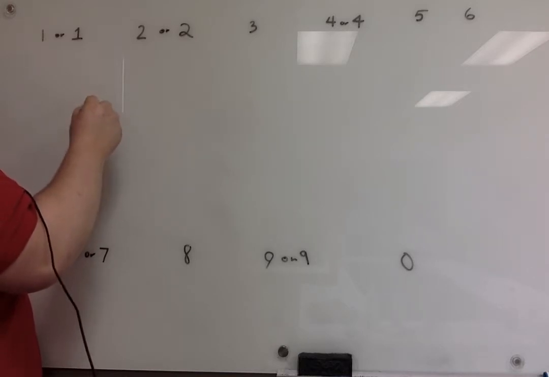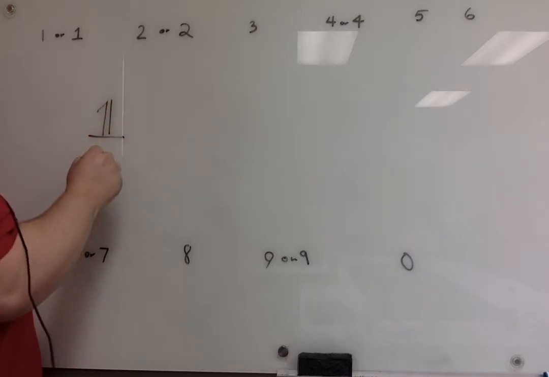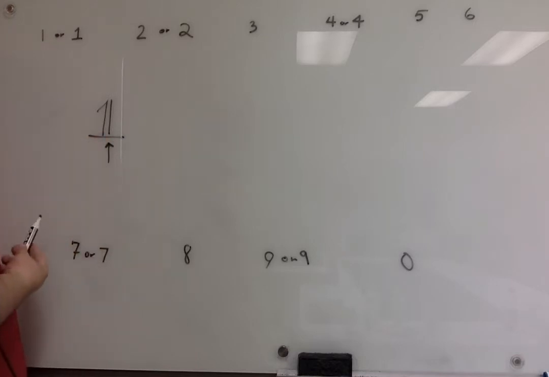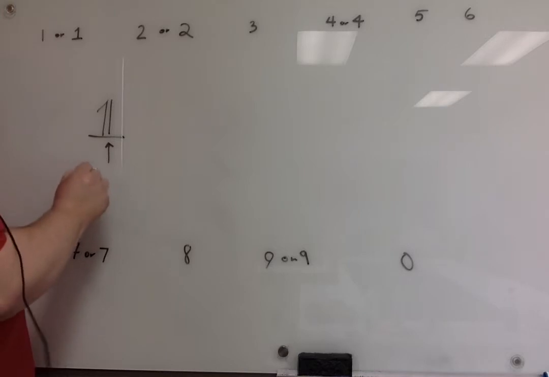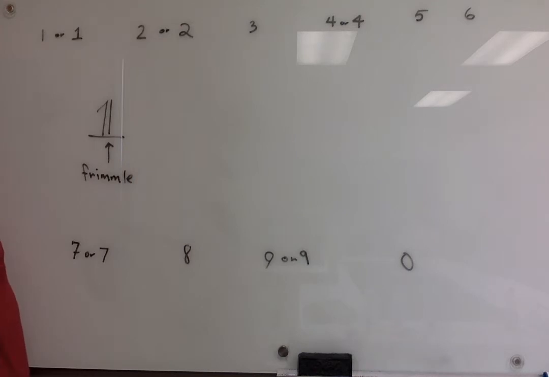Let me just go ahead and draw the 1 again with the double bar. So the double bar, the second bar, because of course a lowercase has the first bar, so the second bar was called a friml. So we have that second bar that makes up a double bar, and that part is called a friml.